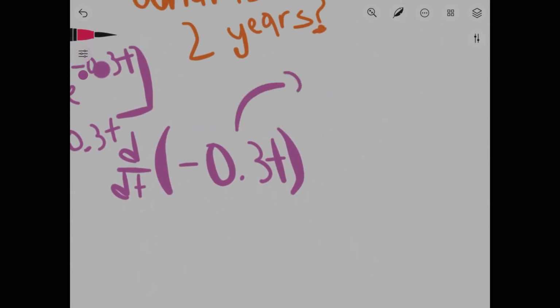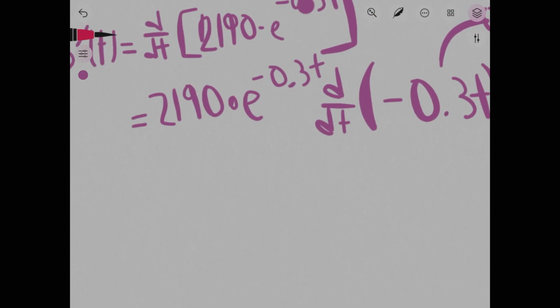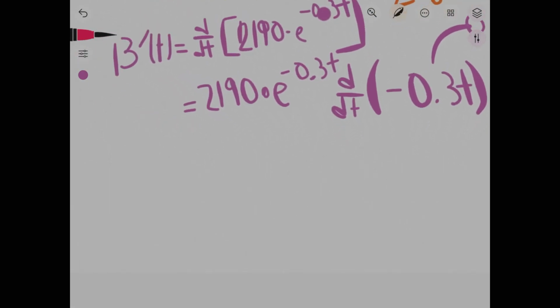Alright, so what will be the derivative of this? The derivative of this will basically be negative 0.3, right? Because the t will become a 1. Okay, so now what is left to do is just to multiply.